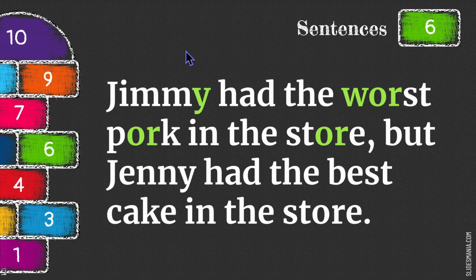Let's practice some sentences with these sounds. We will have a mix of the were sound and the or sound. Right here in this word, we have a longer word ending in a Y, so we will try the long E sound. Jimmy had the worst pork in the store. You might wonder about this E. It's not actually doing anything in the sentence because this O already has the long O sound of or.